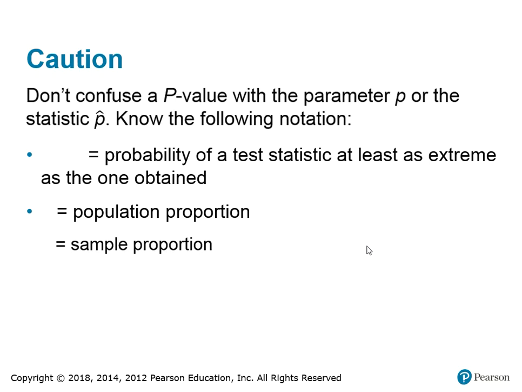The p-value is the probability of your test statistic being at least as extreme as the one obtained. Your population proportion is p, and your sample proportion is p-hat. So make sure you keep those straight.